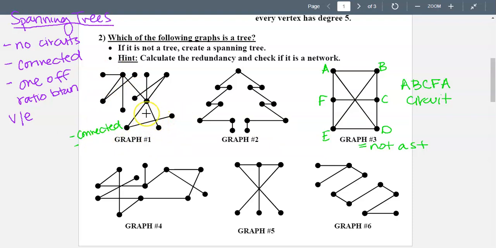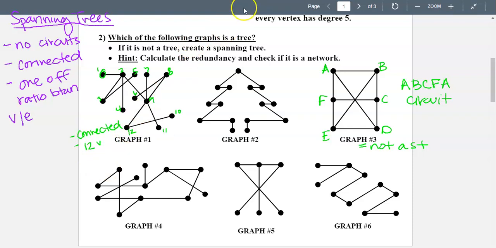So what I would suggest doing is counting the number of vertices and edges. So if I look here, that's 1, 2, 3, 4, 5, 6, 7, 8, 9, 10, 11, 12. So there's 12 vertices in this graph.